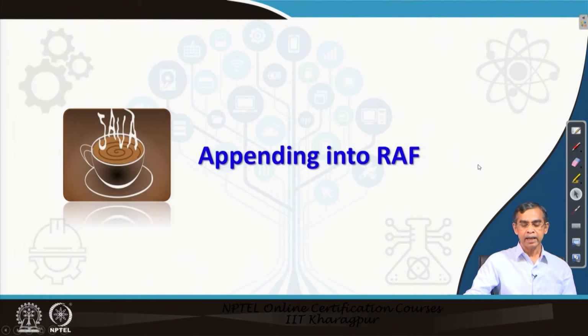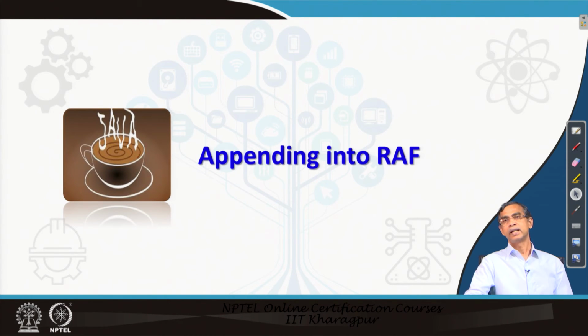Now, let us consider another example which gives you how we can append data into a random access file. Appending data is very simple, because you can open the file for both read and write. You can position your file pointer at the end of the file, and then you can start writing. So, appending in this way is possible.